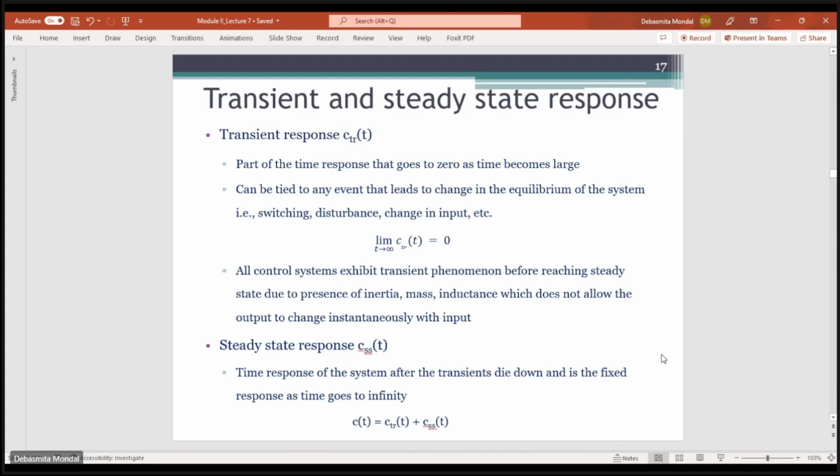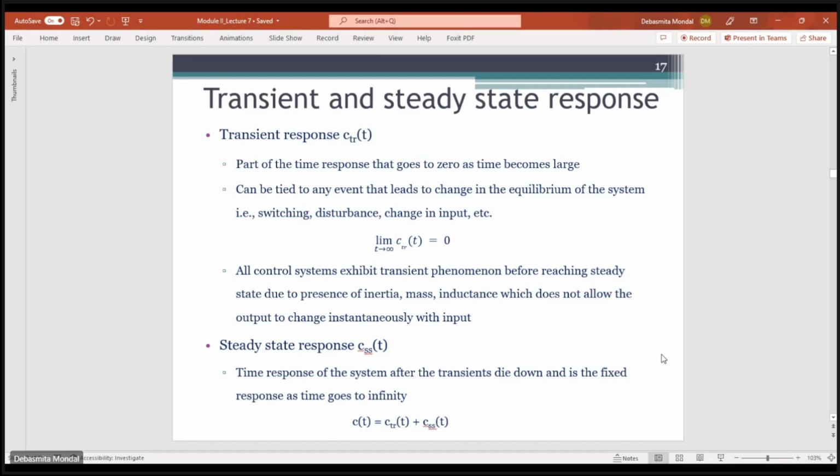Now if suddenly there is any change in that equilibrium position, you are providing a sudden change in the input. If you provide a sudden change in the input, what will happen? The system will deviate from its equilibrium state, and it will move somewhere else.